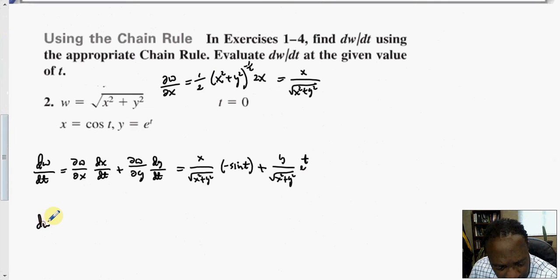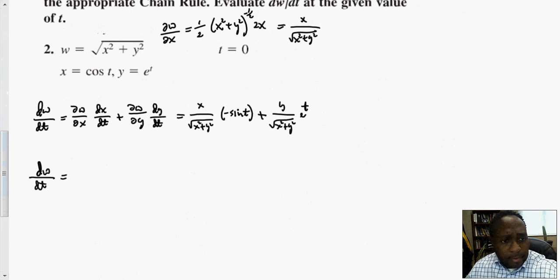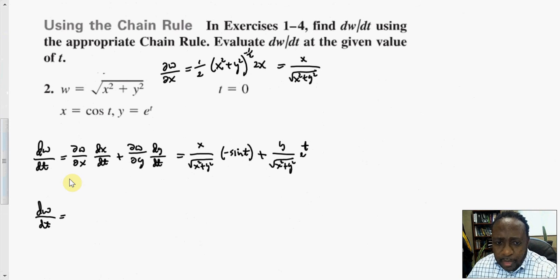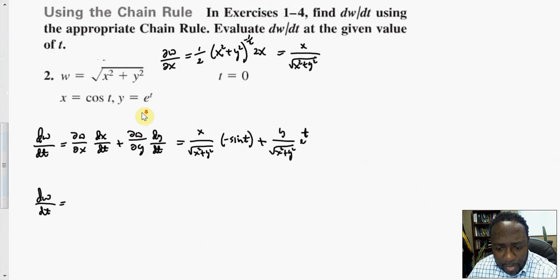We simplify that, so dw over dt is equal to, here it says to evaluate dw over dt at the given value of t. So you want to write this derivative as a function of t. So x would have to be replaced with cosine t and y replaced with e to the t.